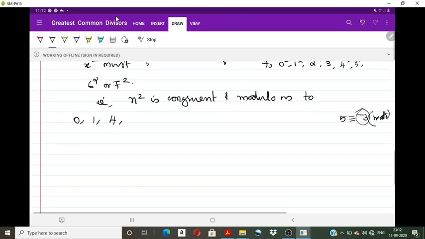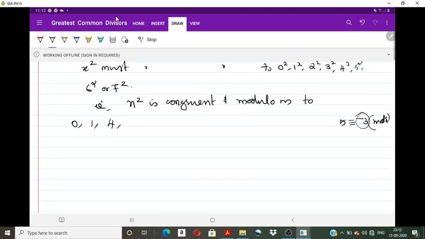Minus 3 square is 9, and for 9 we again have 1. Now 6 square is 36, 36 is again 4.